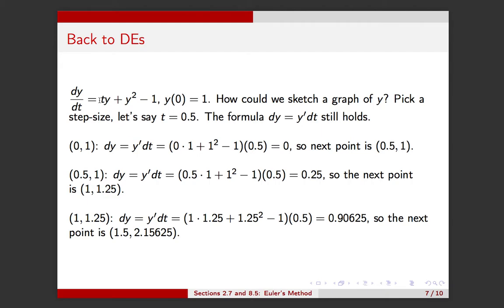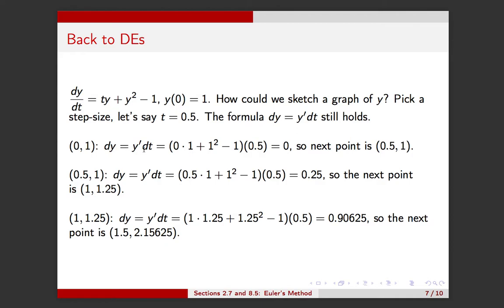Well, what is y prime? It is this formula, which now involves both y's and t's, but that is fine, because at this point we have a t value of 0 and a y value of 1, so we can just plug those values directly in. Here's my t of 0, t times y, plus y squared minus 1, times my step size.